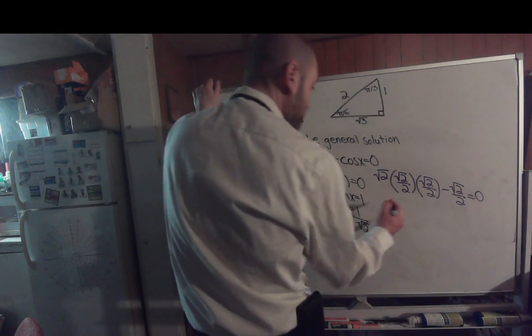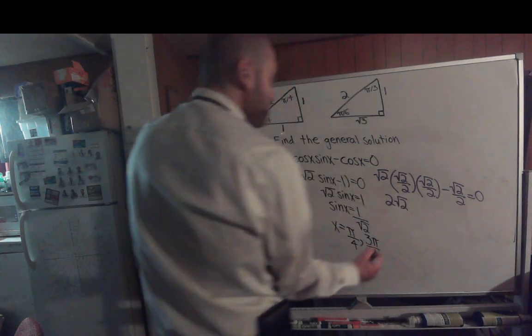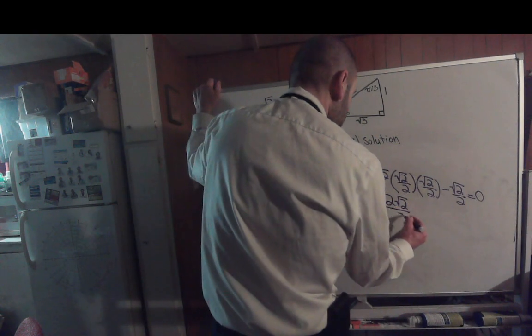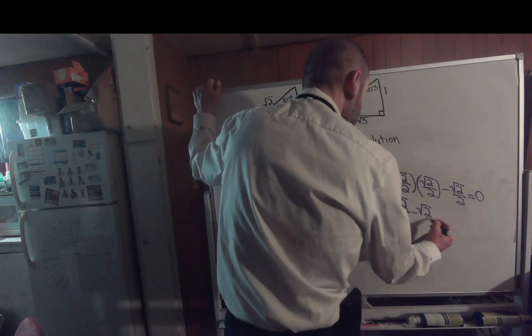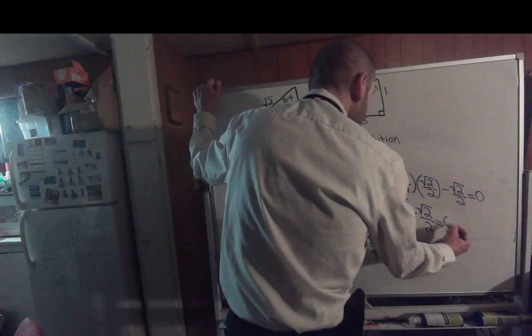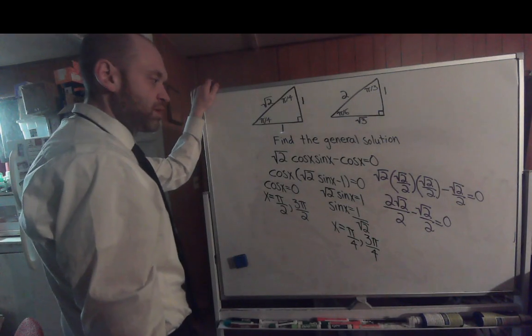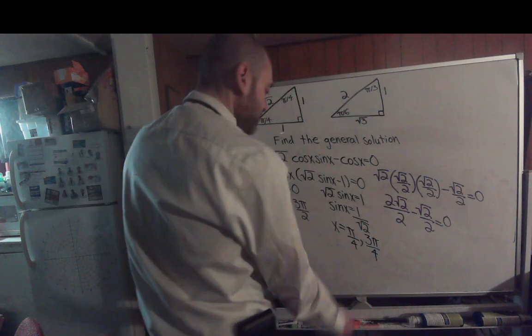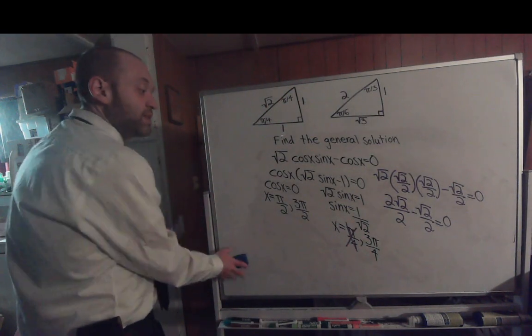So you would end up getting 2 times the square root of 2 all over 2 minus the square root of 2 over 2 set equal to 0. Well, guess what? That just doesn't work. That's definitely not going to give you 0, so pi over 4 actually is an extraneous solution. This is why we check.